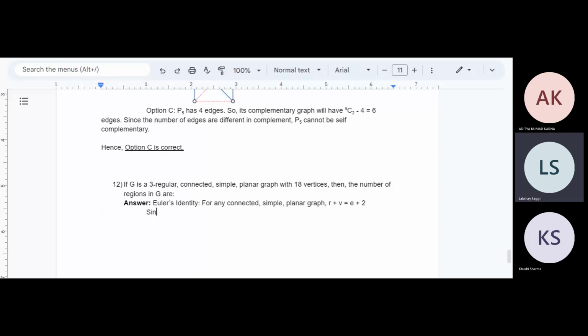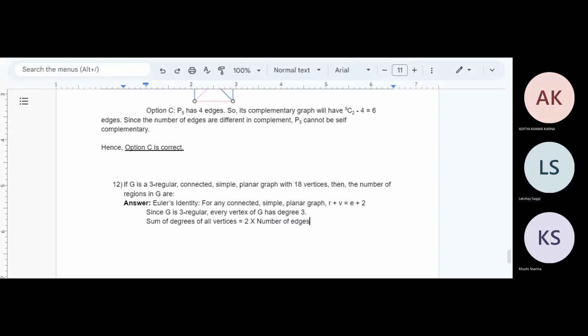Since G is 3 regular, every vertex of G has degree 3. And we already know, as covered in lecture, that the sum of degrees of all vertices is equal to 2 times the number of edges.